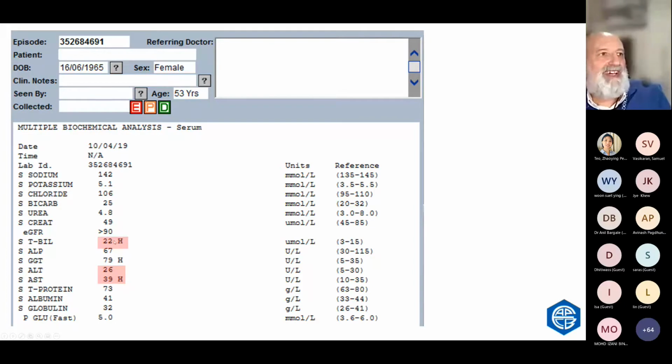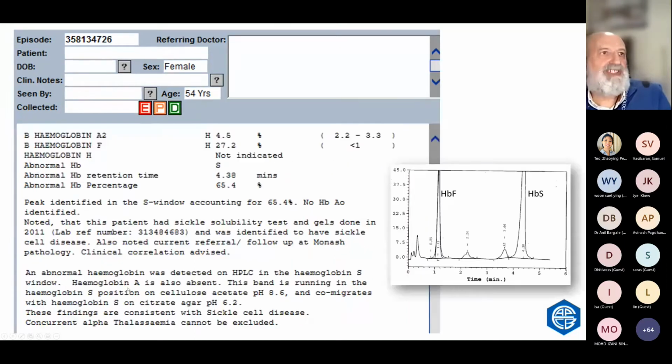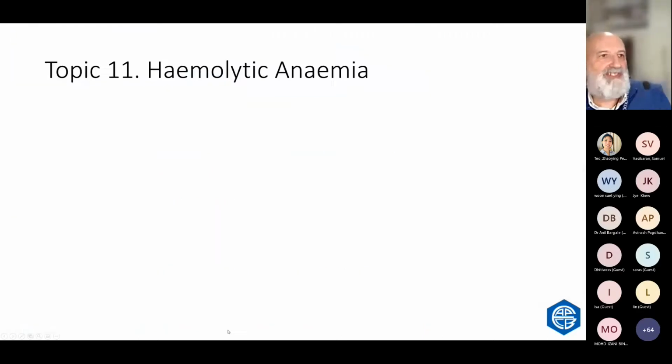And here's their routine chemistry: raised bilirubin, and here's that hint, a high AST compared to ALT. So this is, until proven otherwise, hemolysis. The electrophoresis showed that she had hemoglobin S, and sickle cell anemia tends to be associated with hemolysis and sickle cell crises and so on.